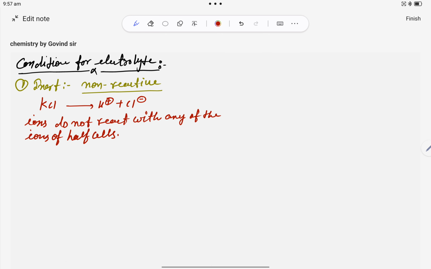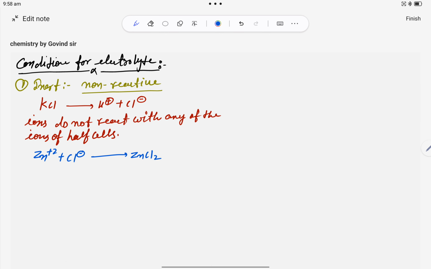But here children, one problem happened. In the zinc container, Zn2+ is there and Cl- ion is coming into that container. They will react and form ZnCl2. So our concept fails because it is reacting.